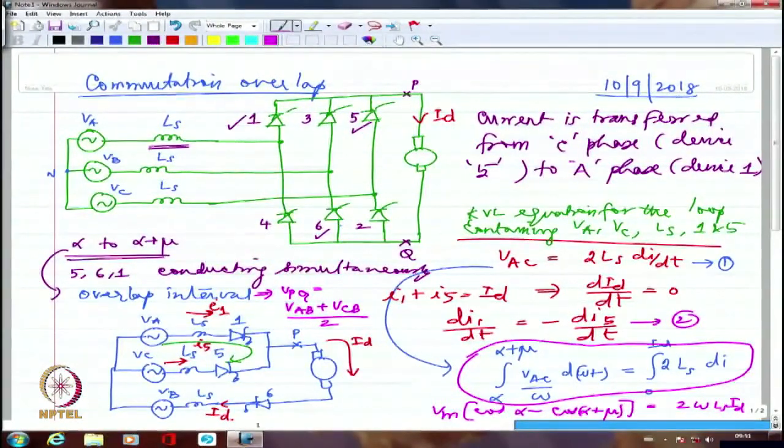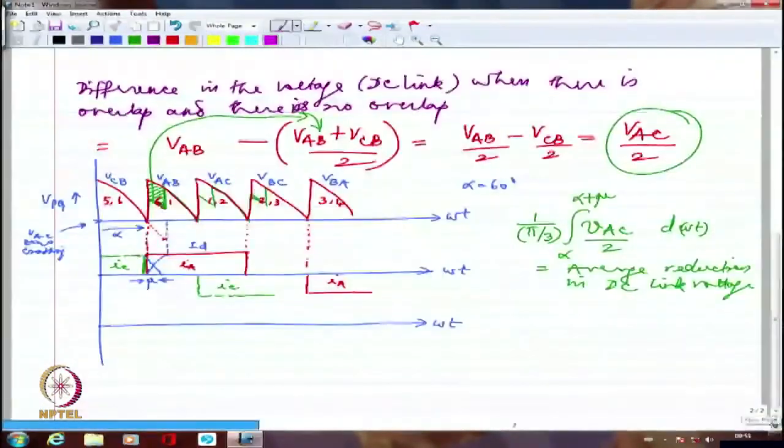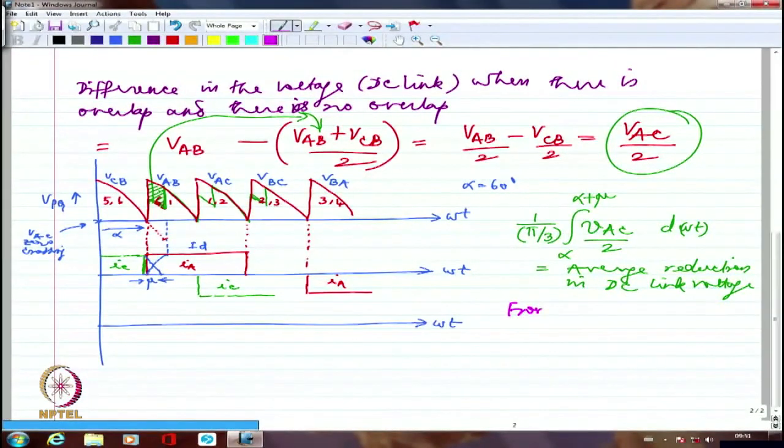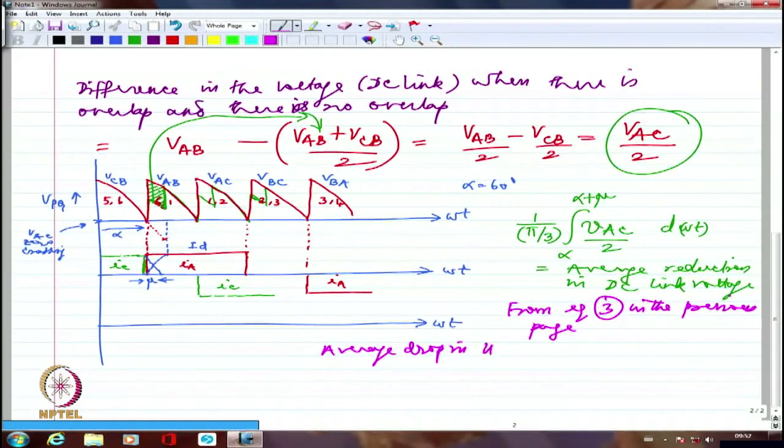So if I may call this equation number 3, from equation number 3 in the previous page, I can write this as average drop in the DC link voltage equal to omega LS ID averaged over pi by 3.